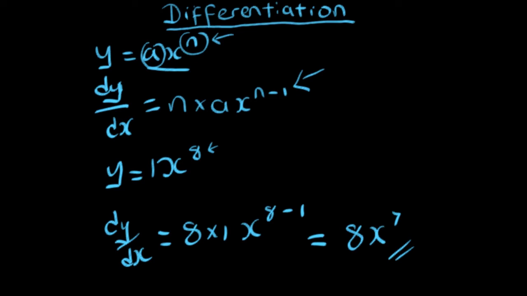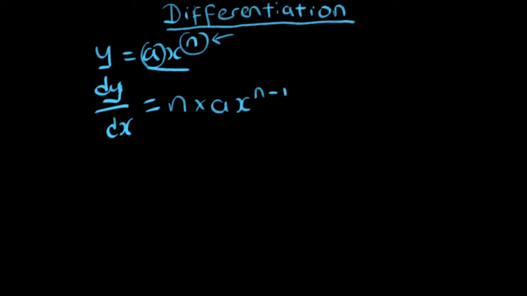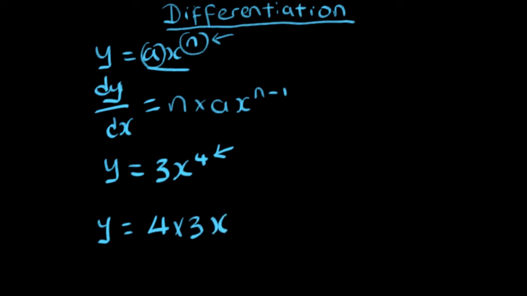Next, let's look at another example. Okay, so we have y equal to 3x raised to power 4. So how do we work with this? We use this power here to multiply the coefficient in front. So we're going to have 4 times 3, x raised to power 4.